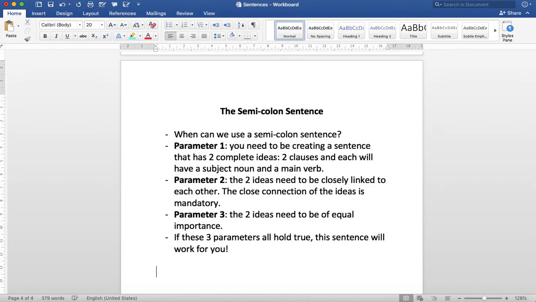Okay, great. Let's take a look at the formula. Very simple here. C1, semicolon, C2, period.